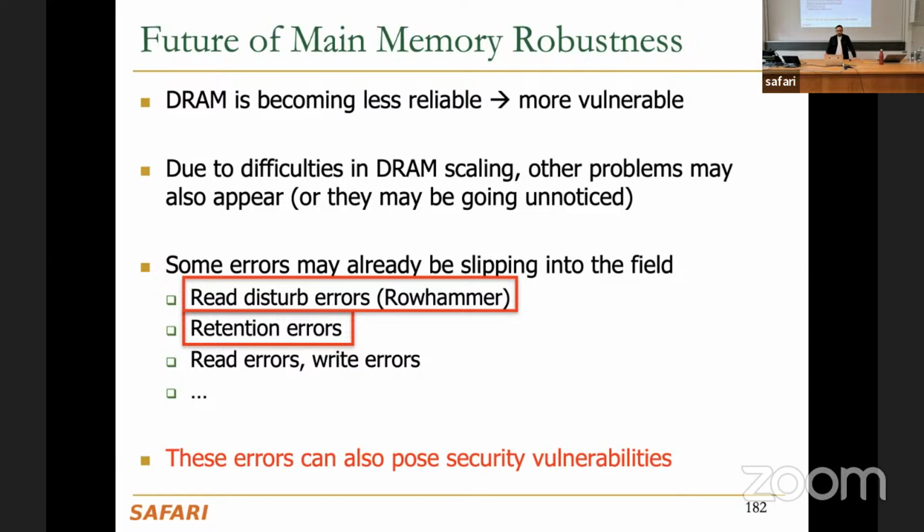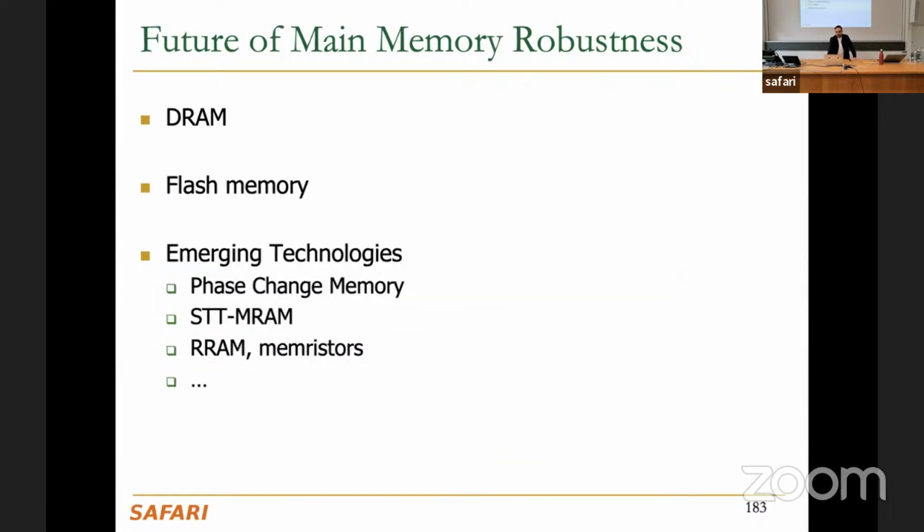We need better mechanisms, and we can have other error mechanisms at the circuit level that we do not know about today, but we need to discover them so that we can mitigate their effects whenever they come. And for future main memory robustness, we need to look at DRAM, but we shouldn't stop with DRAM. We should look at flash memory.